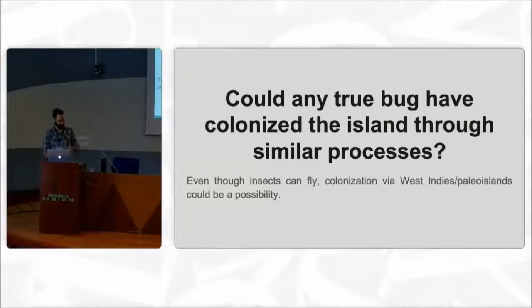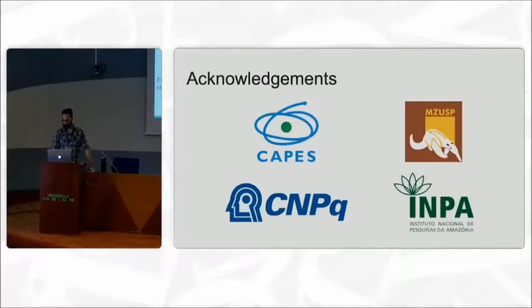Also, another hypothesis would be, of course, that they just followed the host plants, but we need to get more information on the introduced plant species there related to the Heteroptera found there, with the host plants. And that's it. Thank you.